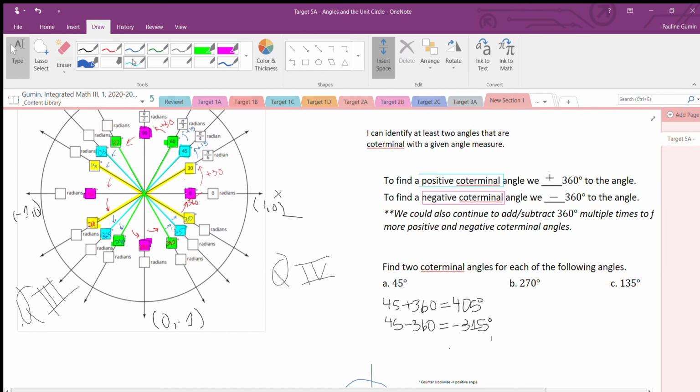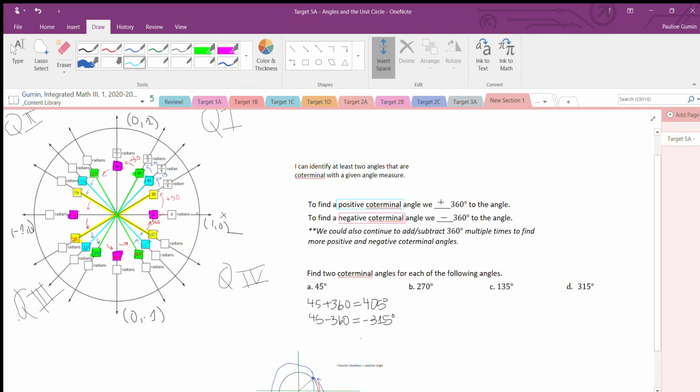All right, so if we are at 45 degrees, so we've already traveled from 0 to 45, counterclockwise, and I say add 360, that means go around again. And we've done 405. When I say subtract 360, that means I'm going to go from 45 backwards.